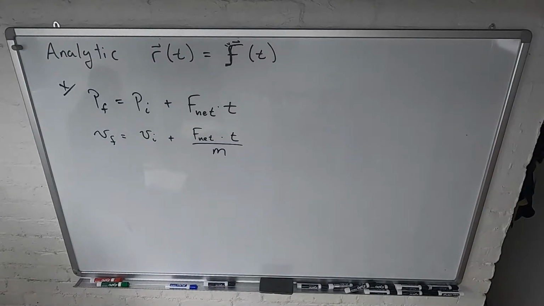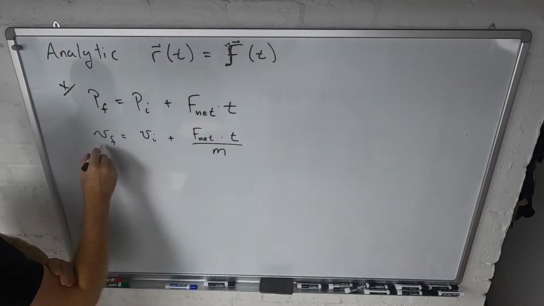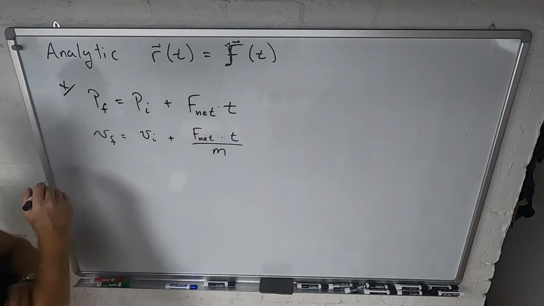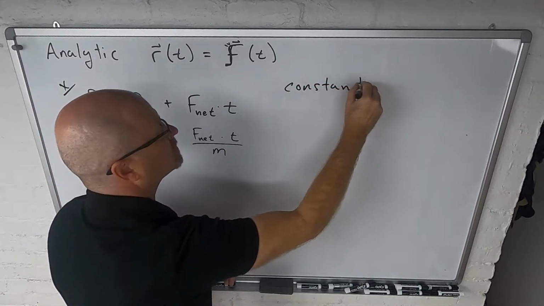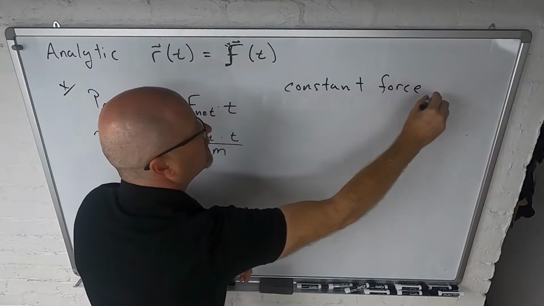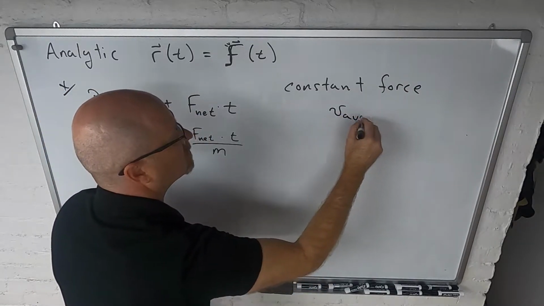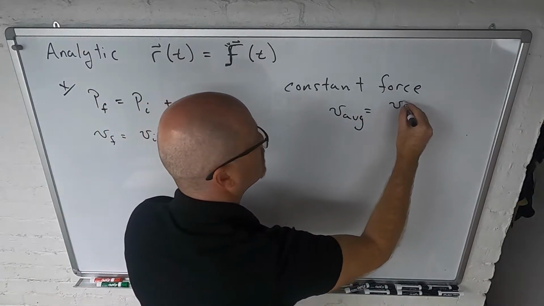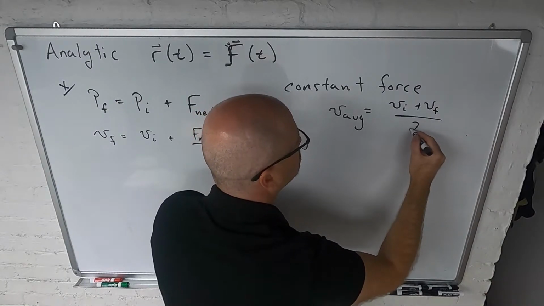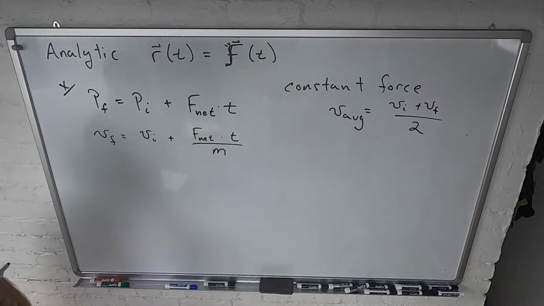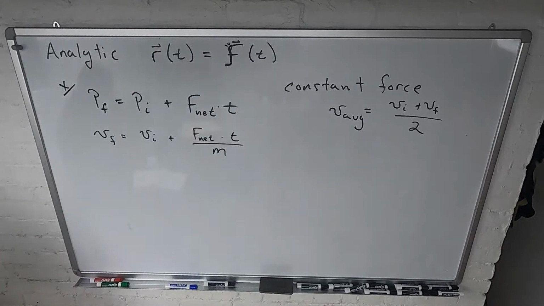Okay. Now all I want to do is say that I now know V final, and because I'm going to work in a constant force, remember, constant force said I can choose V average to be V initial plus V final over 2. It's the arithmetic average velocity.